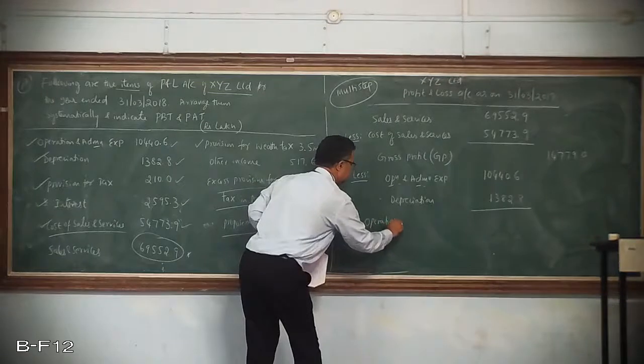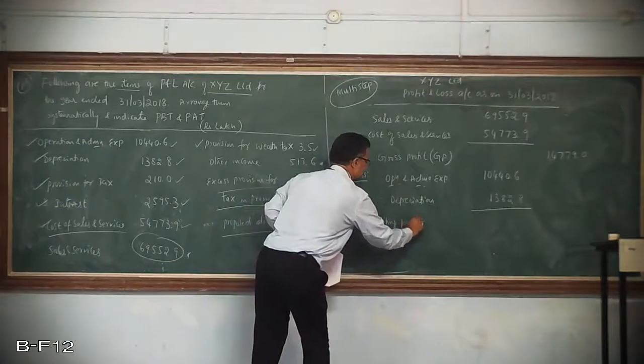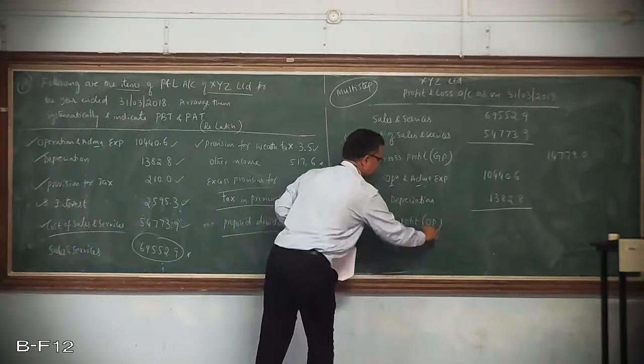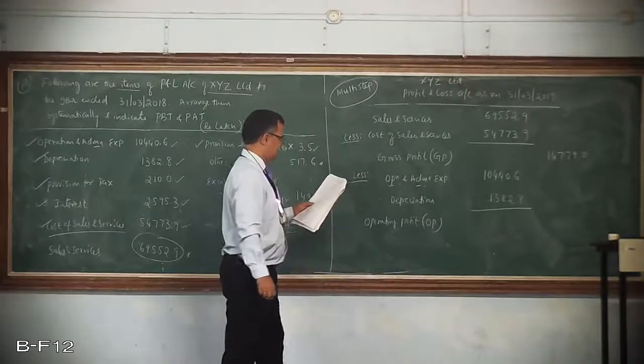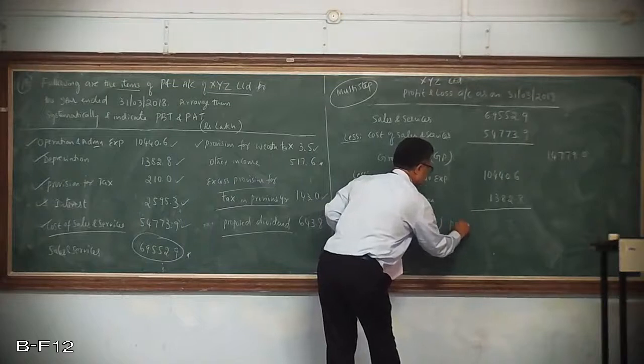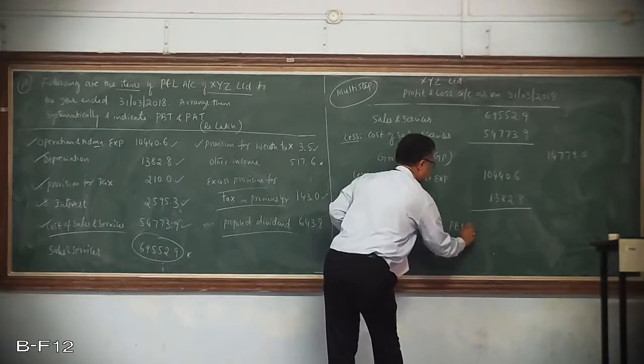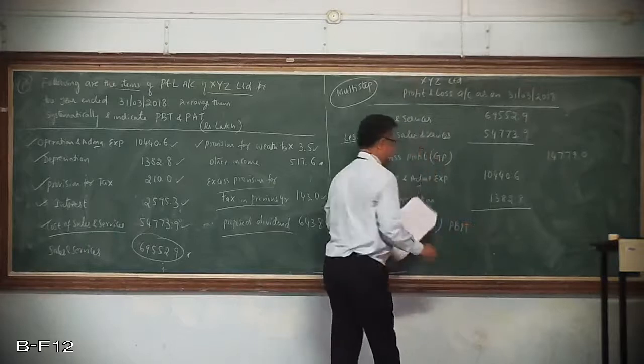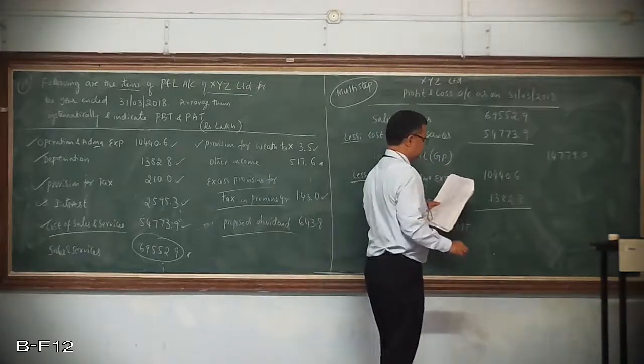Operating profit, OP. This also I told you in the theory class. Nothing but you can say it PBIT, profit before interest and tax. That is how much?